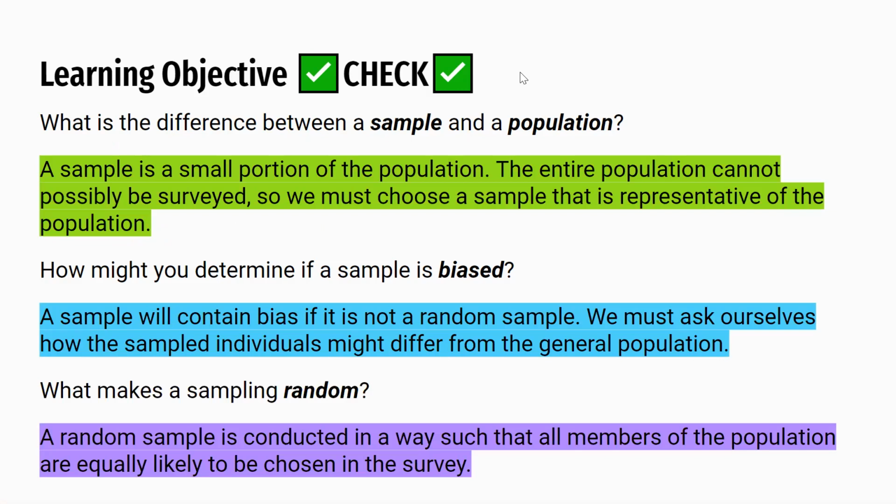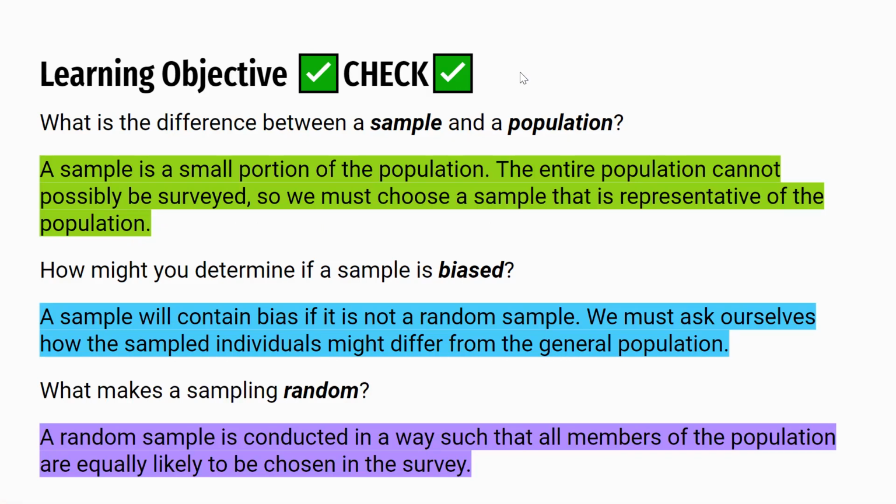Awesome. So the difference between a sample and a population is a sample is a small part of a population. The entire population cannot possibly be surveyed, so we must choose a sample that is representative of the population. How might you determine if a sample is biased? A sample will contain bias if it's not random.